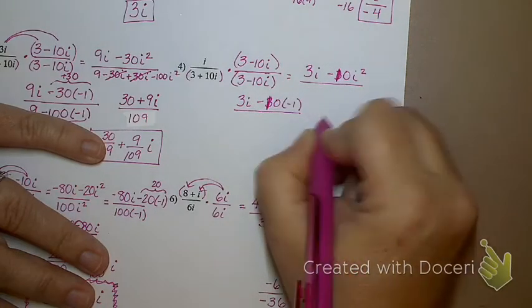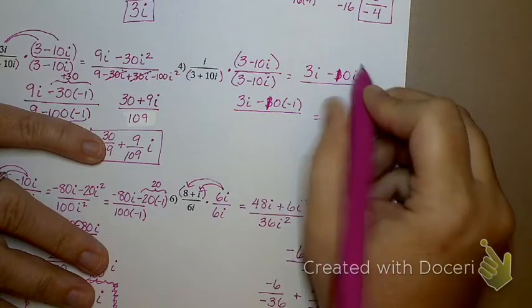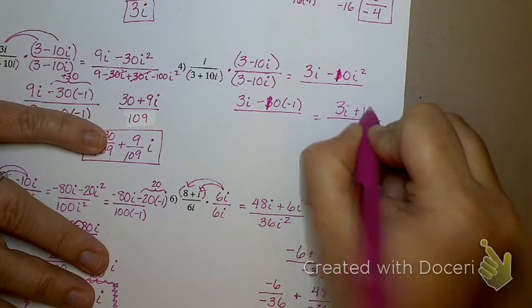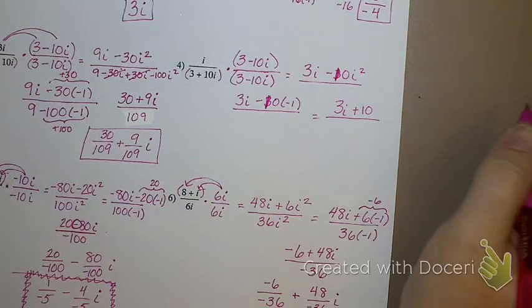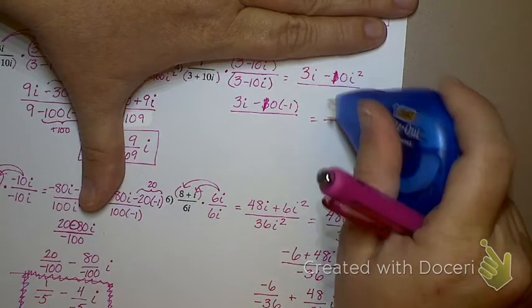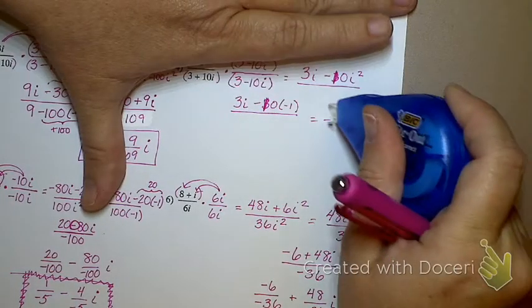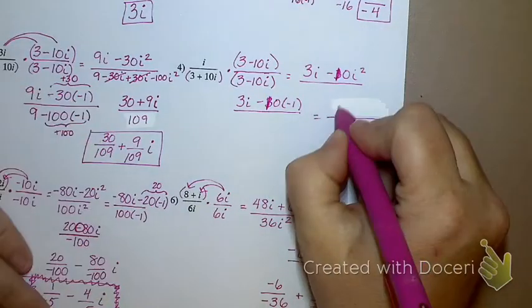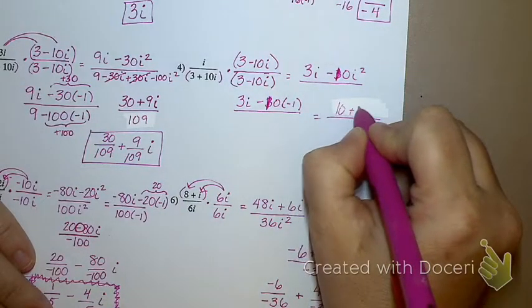I made the same mistake. So 3i plus 10. I really should write that the other way, shouldn't I? It's not standard form. So I'm going to write 10 plus 3i.